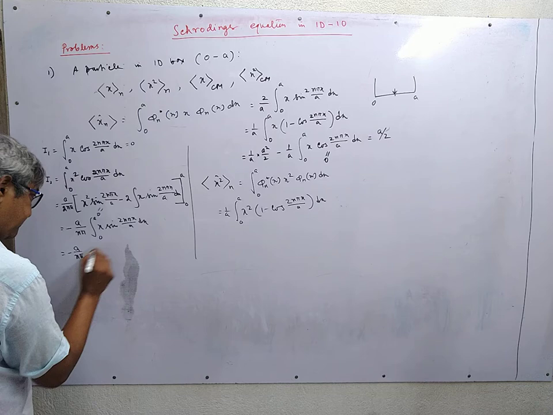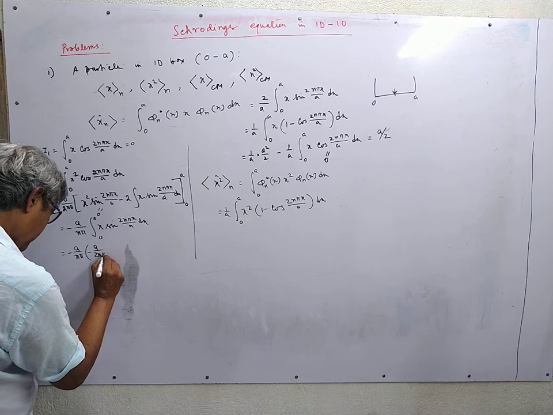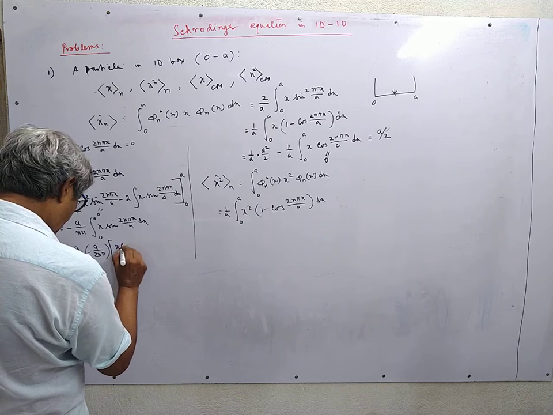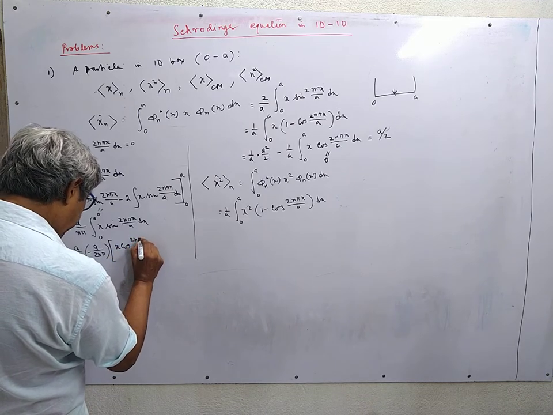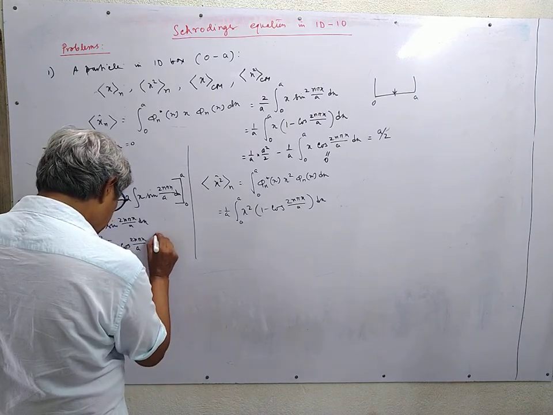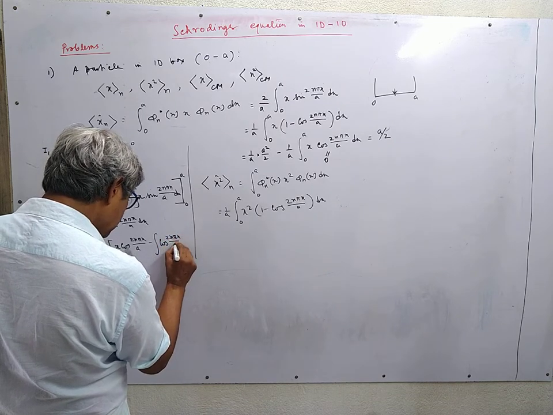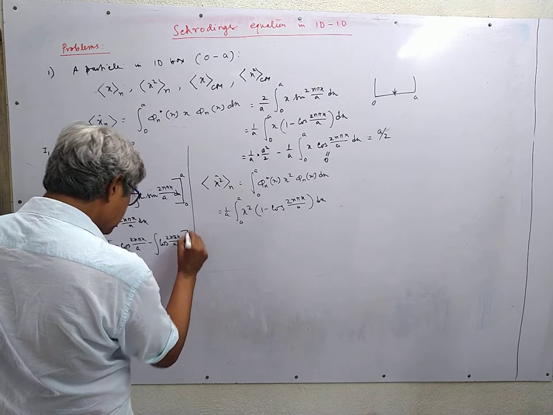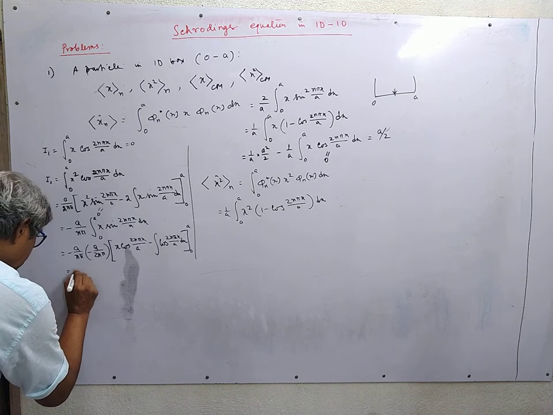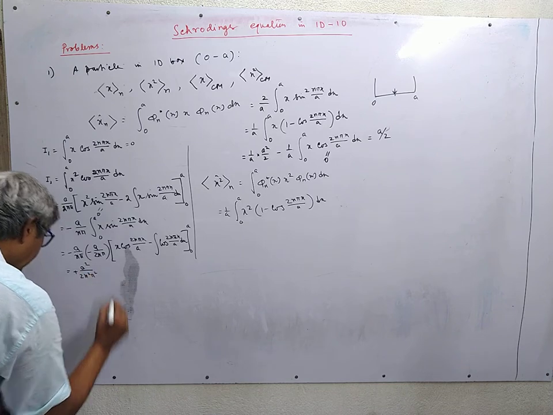A by n pi, this factor, when we integrate it, another minus a by 2n pi, then we will have cos of 2n pi x by a. This is equal to a square by 2n square pi square.